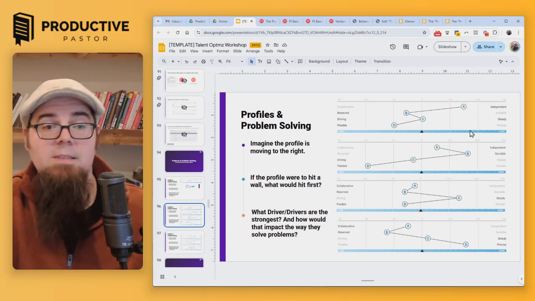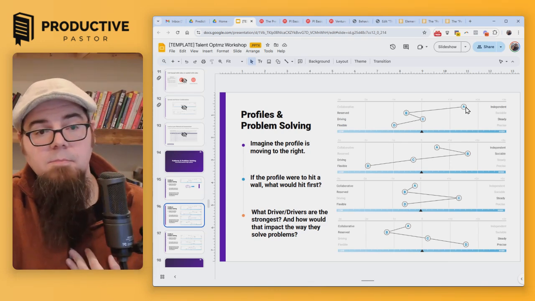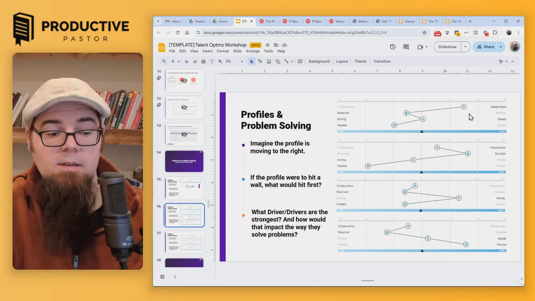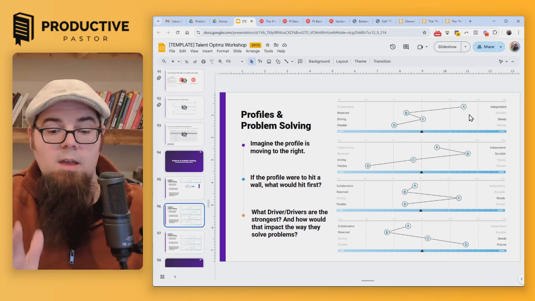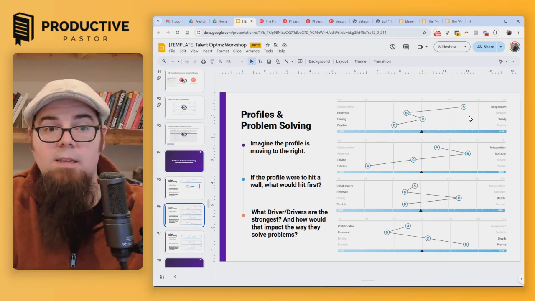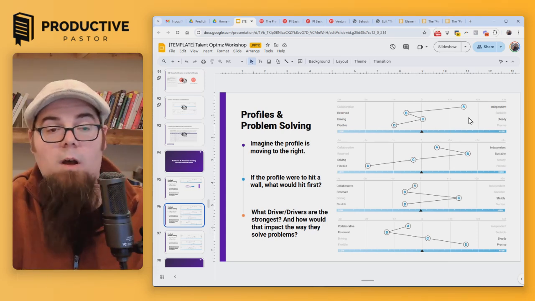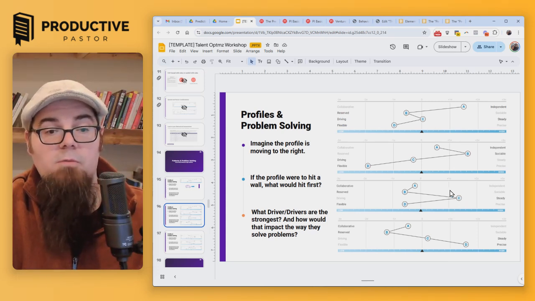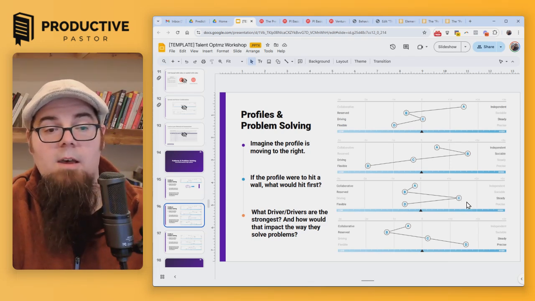The high A individual, like me, I naturally come across problems with making decisions quickly, usually without getting a lot of input from people, very decisive decision maker, and then I move on. This profile here, the high C, their drive or their need for stability, their drive for consistency would hit first.